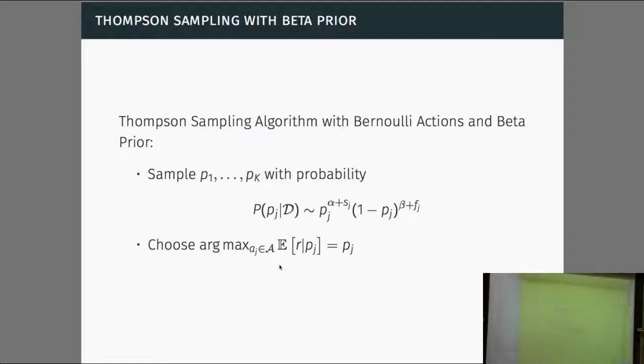We sample p sub j from this distribution for each of the k arms, and then we simply take the max over all the arms, meaning we choose the arm that had the highest sampled probability. And then we update our posterior distribution. Any questions about that?